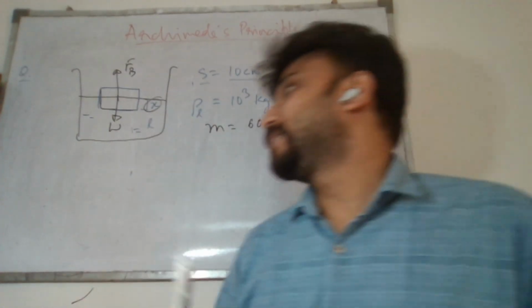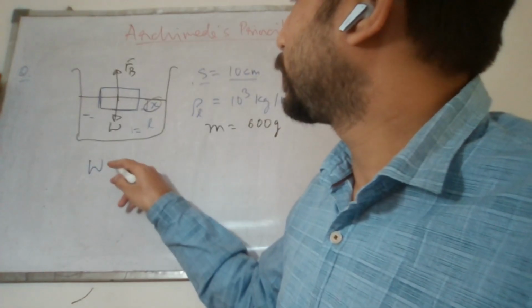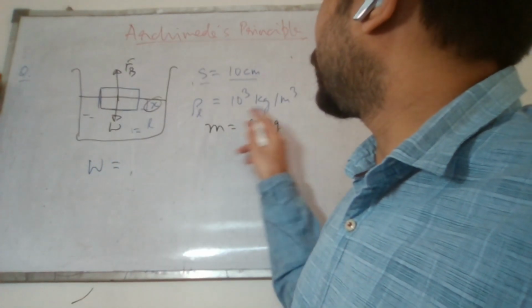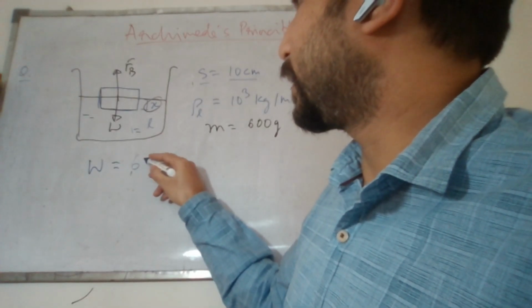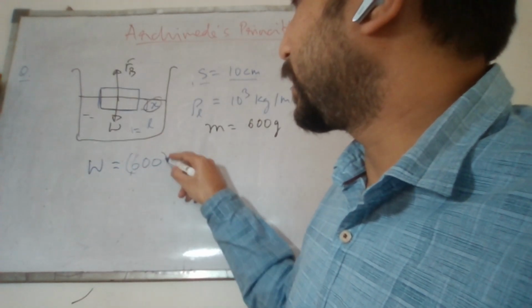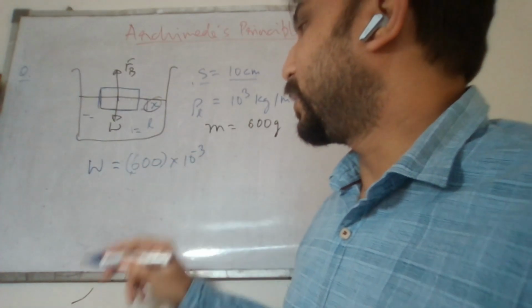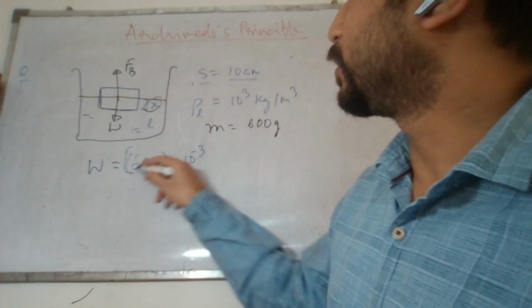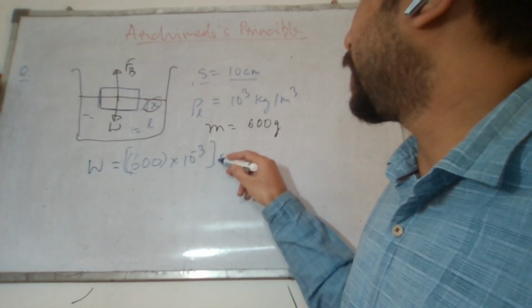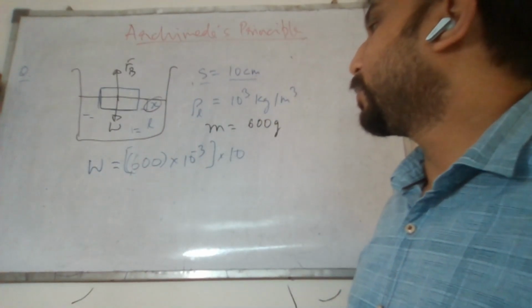So what is x? The weight of the cubical block is 600 grams, that is 600 into 10 to the power minus 3 kg. This is the mass of the block which we are considering. We multiply it with acceleration due to gravity, that is mg, the weight of the body.